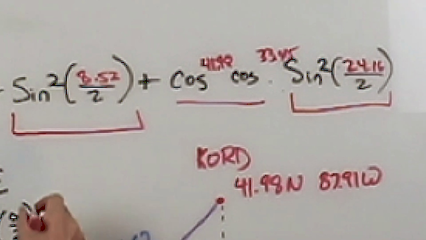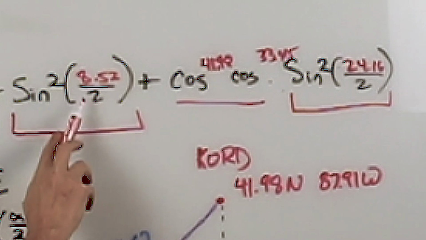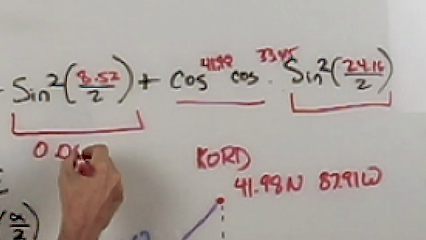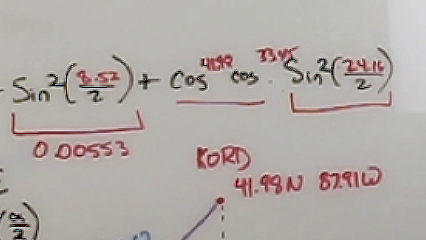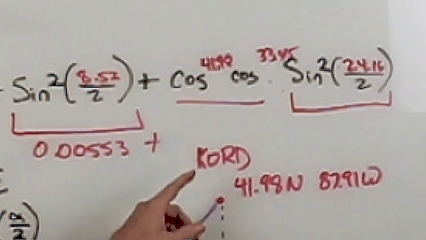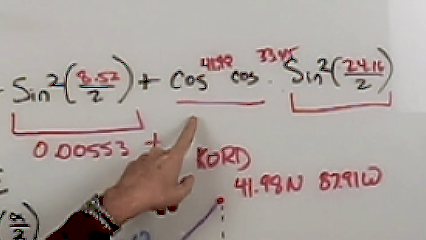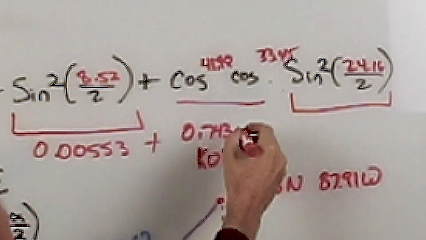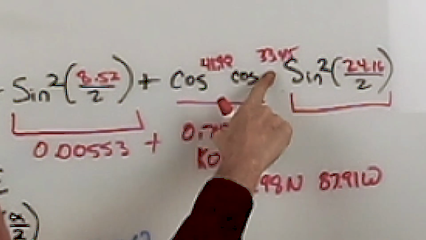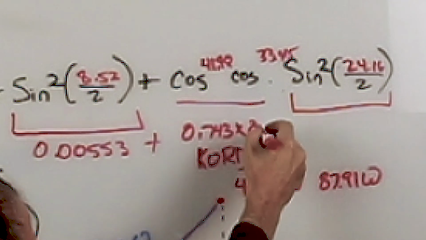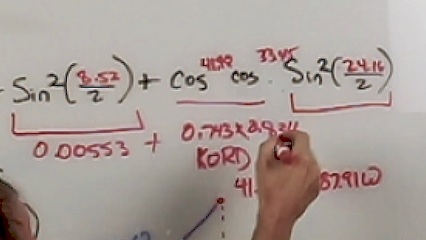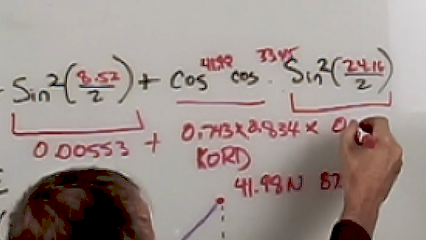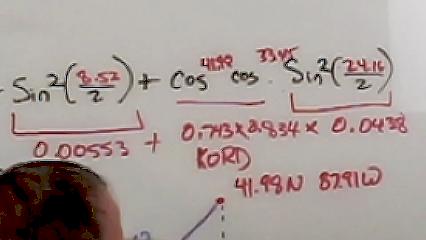Well, this term right here, if you take the sine of half of 8.53 and square it, you're going to get 0.00553. To that, we're going to add the cosine of 41.98, which is 0.743, times the cosine of 33.45, which is 0.834, times the haversine, which is going to be 0.0438.